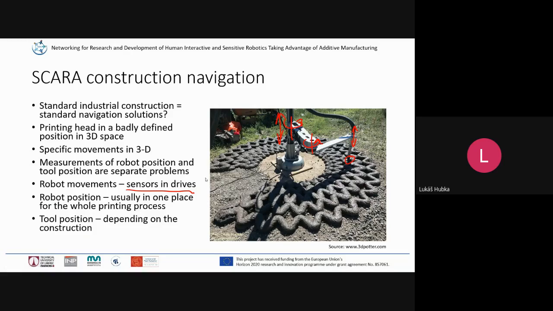But once you have a construction which is light, and if I sketch it, a construction which can be something like this, some arm, of course, here you need some leveling, and the printing tool in this position.